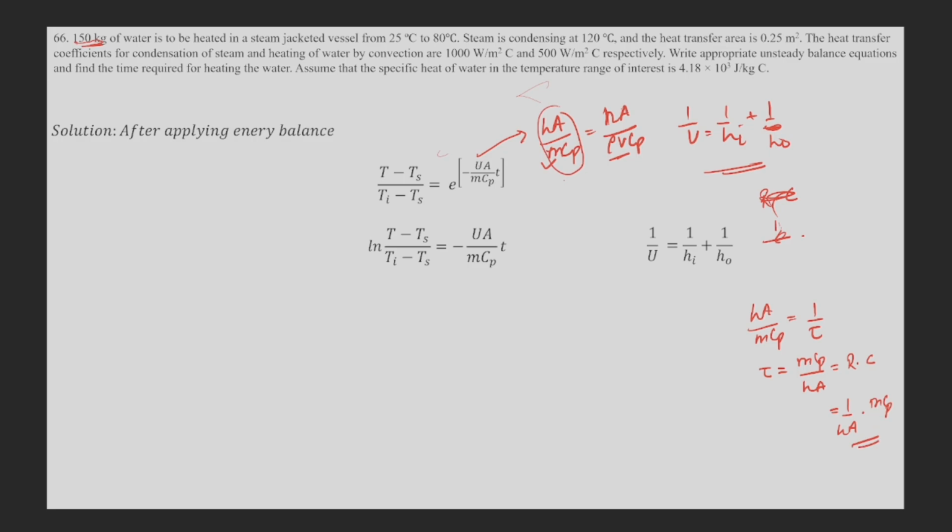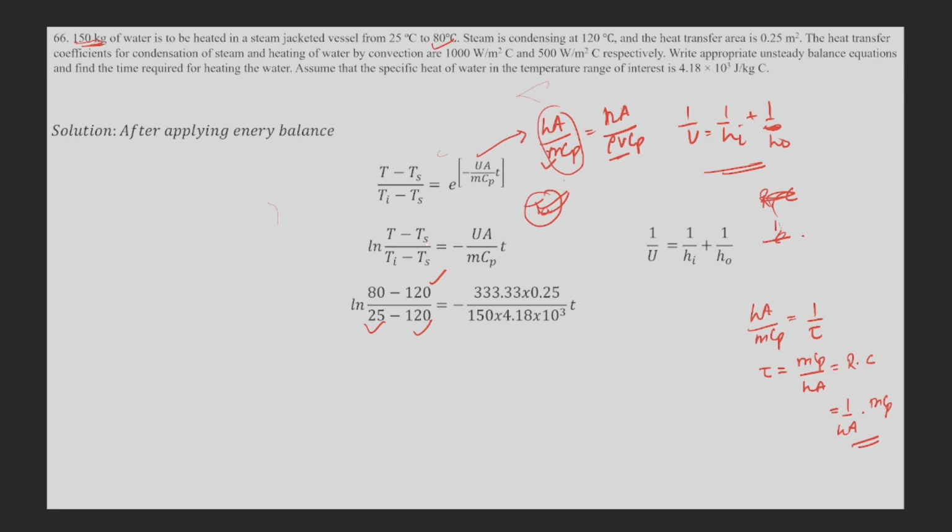Okay, after putting all the values, what is T? T is 80. Why 80? Because it is going to 80 degrees Celsius. Ts is 120. T initial is 25. Sometimes we take Ta, that is the temperature of the atmosphere in which we are dealing.